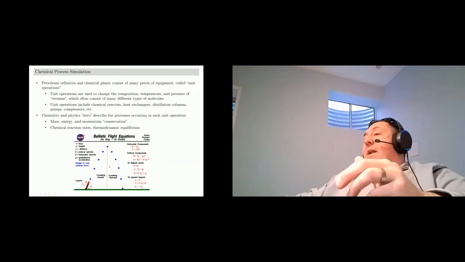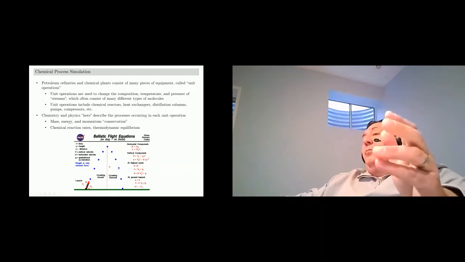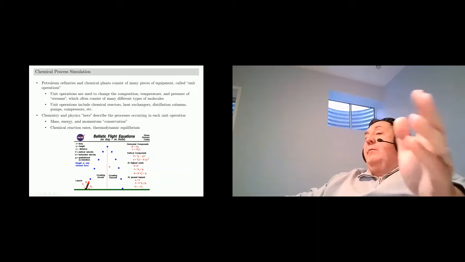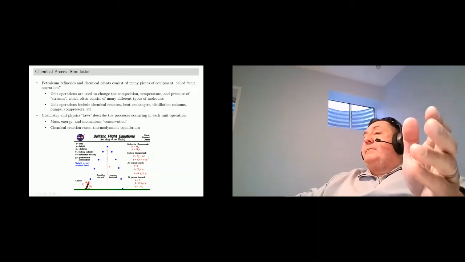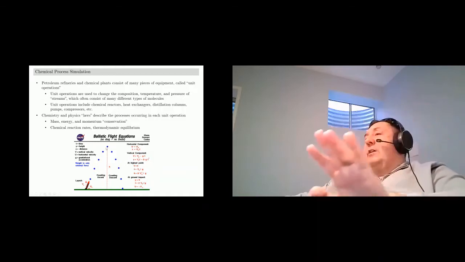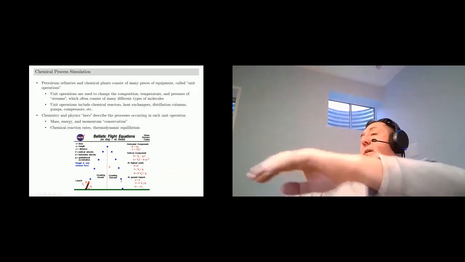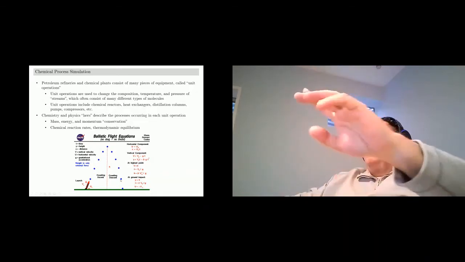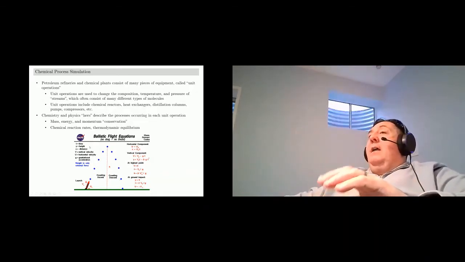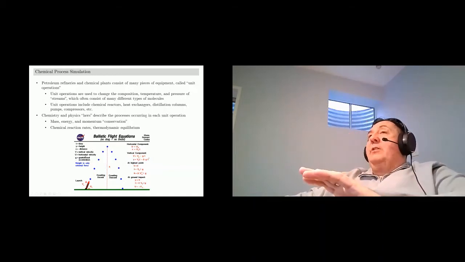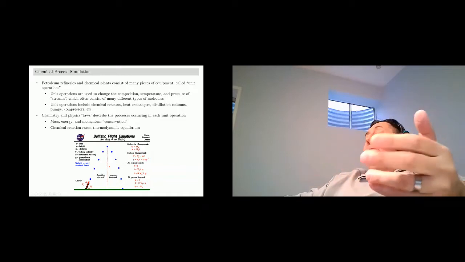So I can mathematically determine how long that ball will be in flight, how far it's going to land from the point at which it was launched, and the maximum height of the trajectory. So just like I could solve these physics equations to describe the trajectory of a simple ball that's thrust into the air, there are many, many equations that I would need to solve for a given unit operation in a chemical plant or refinery in order to describe the behavior within it.